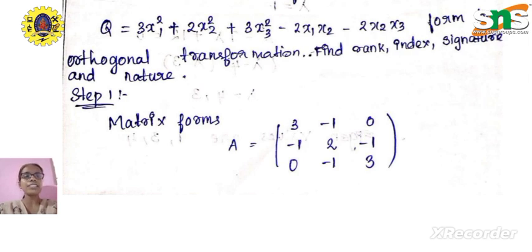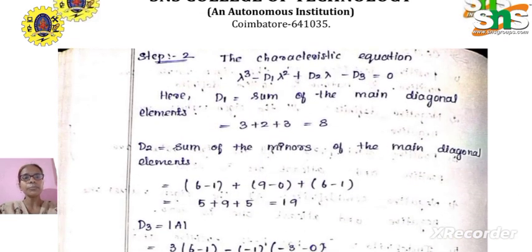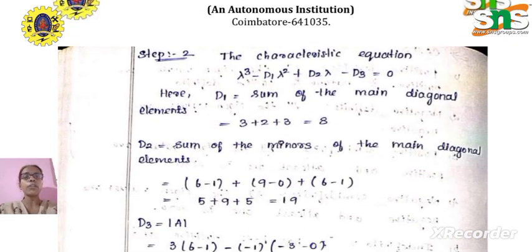The next thing is x2x3, where x2x3 and x3x2 both should be the same, which is minus 1. One term is missing in the quadratic form, which is x3x1 or x1x3. That should be 0 because we don't have any such element in the quadratic form. This is how I want to write the matrix form. The next thing is step number 2. Step number 1, writing the matrix form, is over.